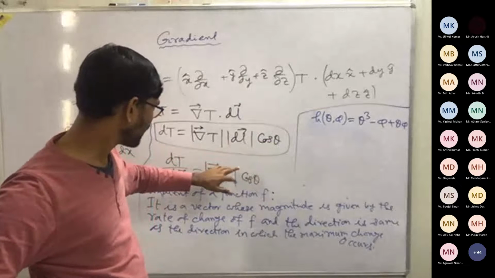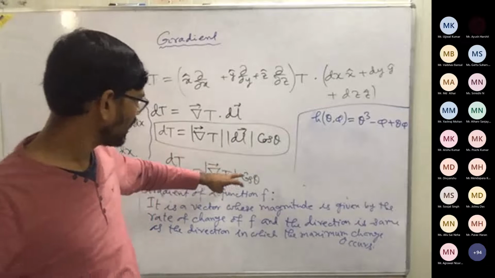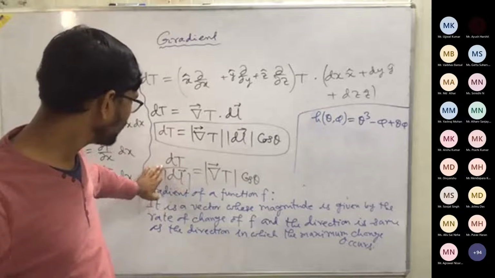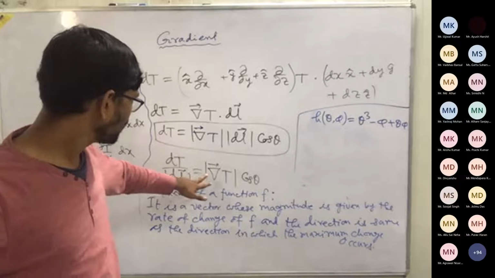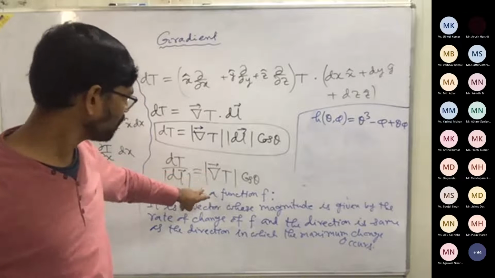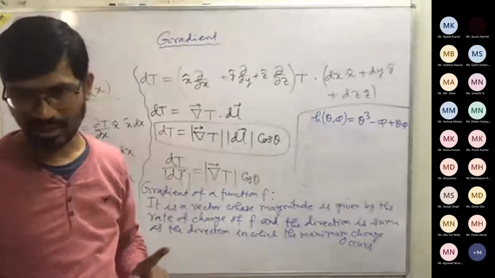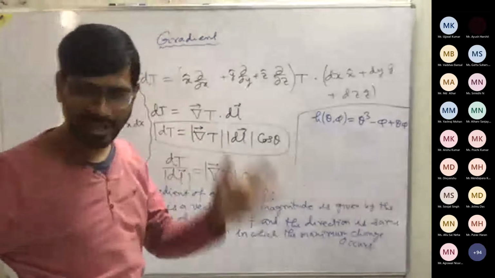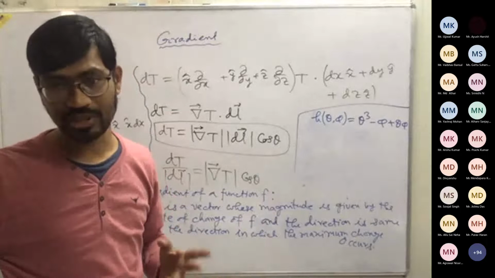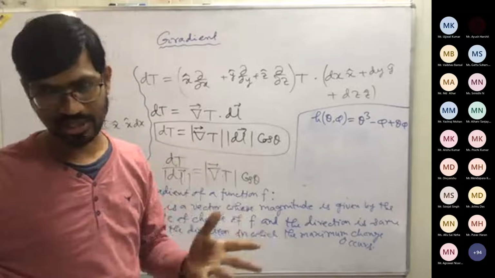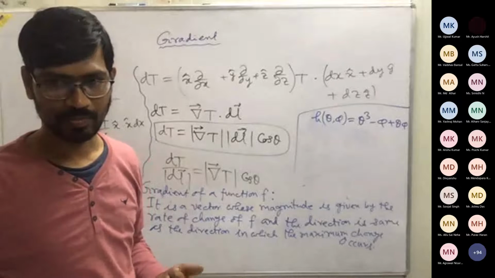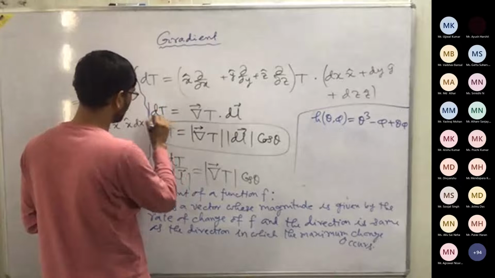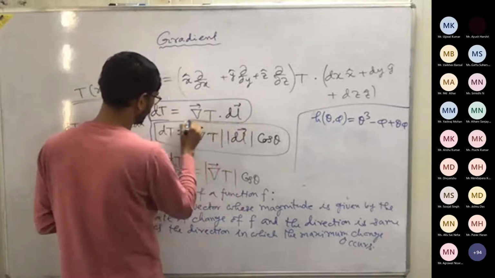This factor tells us that the direction of the gradient is the direction in which the rate of change of this function is maximum. Now, if you want to ask which one is the most general, it is this one.